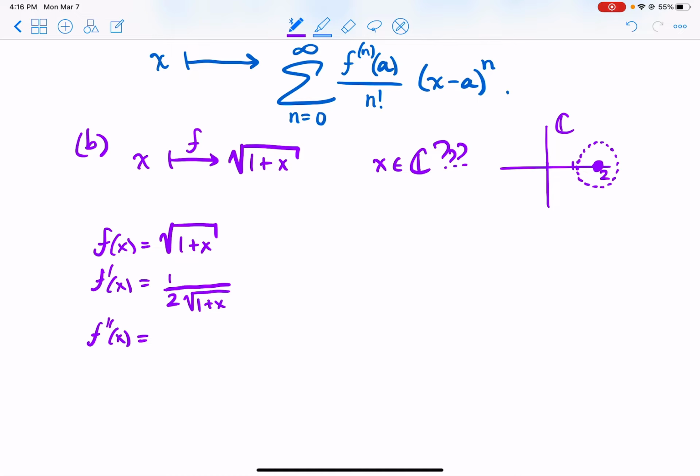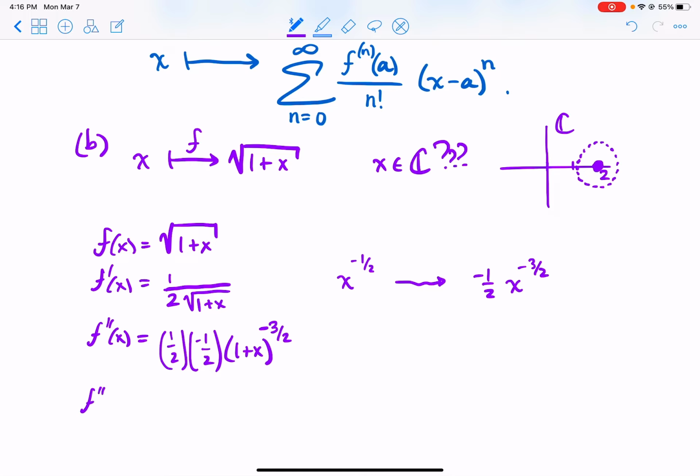Okay, so now I have to think. X to the negative 1/2 becomes 3/2. Okay, so there already was a 1/2, but now there's going to be a negative 1/2, and then 1 plus x to the negative 3/2.